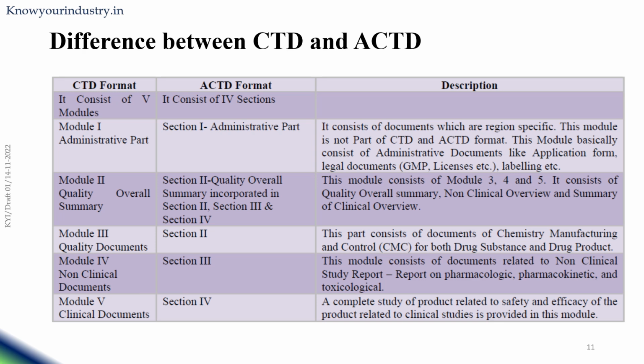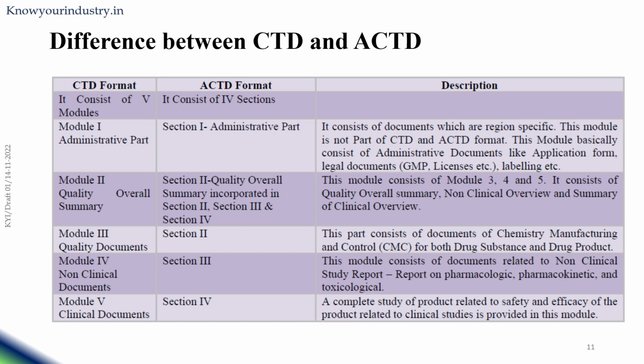Coming to module 2, in ICH-CTD module 2 is for the quality overall summary of the drug substance and drug product. In ACTD format, section 2 or part 2 is for the quality overall summary, and section 3 and section 4. This module consists of modules 3, 4 and 5.